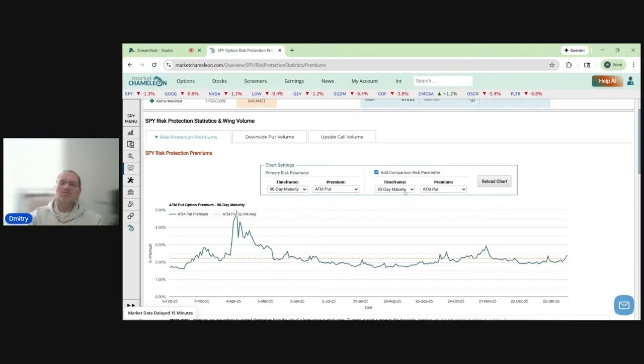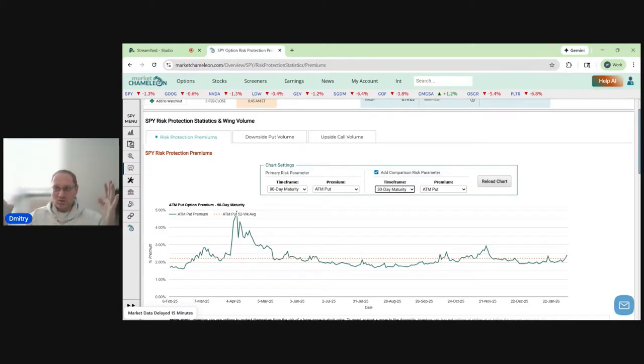What this will do, it's defaulted to 30-day. You change it to the at the money put. So what we're saying is, how much would a 90-day put minus a 30-day put cost? That combination, what would it cost today?